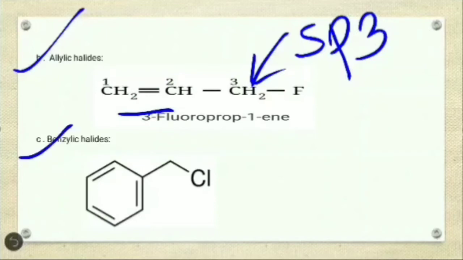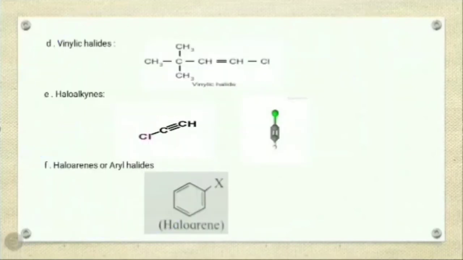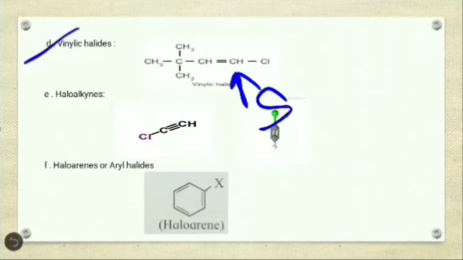In benzylic halide, the halogen atom is bonded to a sp3 hybridized carbon atom to which an aromatic ring is attached. Vinylic halide. In vinylic halide, the halogen atom is bonded to a sp2 hybridized carbon atom of an aliphatic chain. Vinylic halide is a haloalkene.